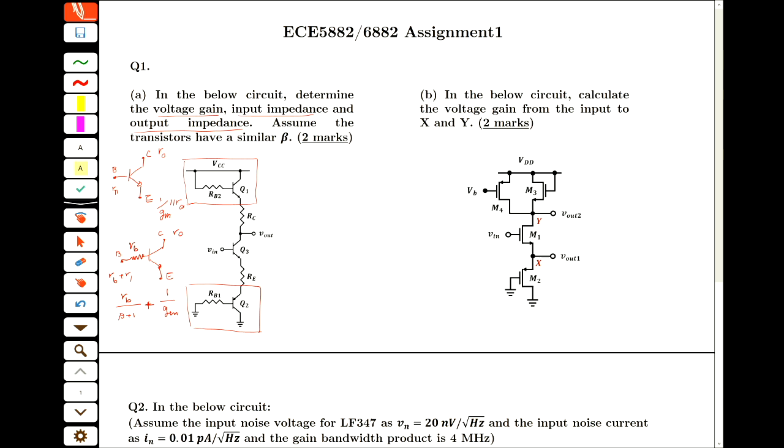We had in the lecture that if we have a transistor with, for example, an inductor here, then to move it to the base, the equivalent is another L, and this L is L times beta plus 1.